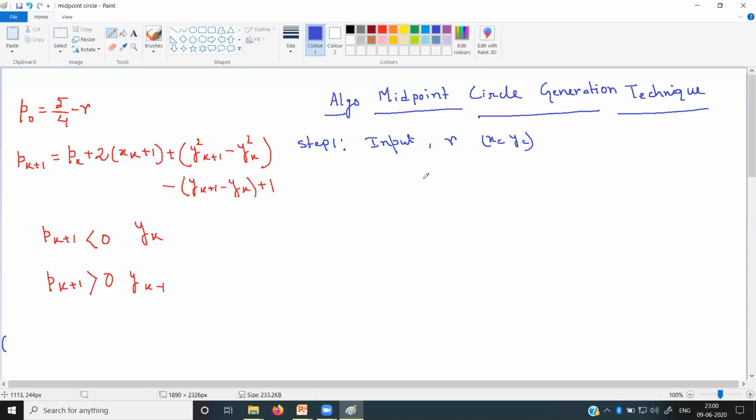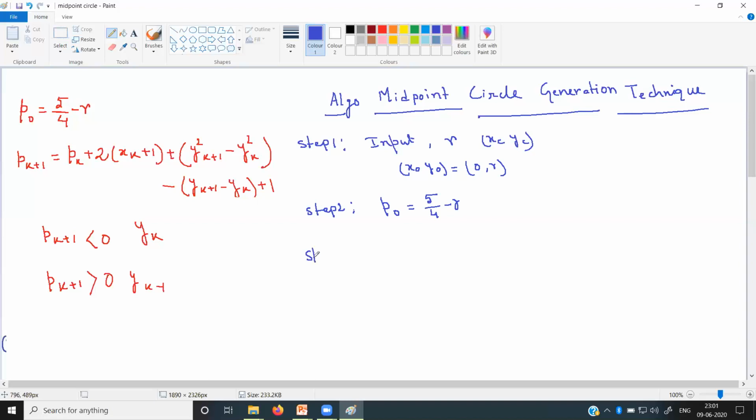And here we can consider the starting point x0, y0 as 0, r. Now, in step 2, we have to find the initial decision parameter P0, which is nothing but 5/4 minus r.